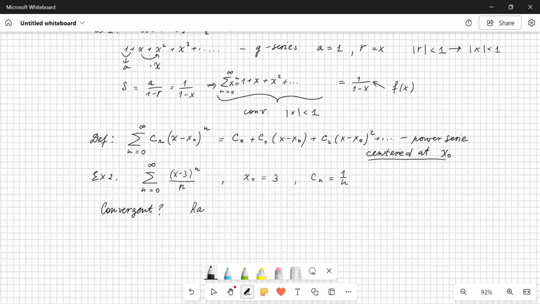So ratio test: limit of a(n+1) over a(n) as n goes to infinity. So what is my a(n+1)? And guys, here we do need to do absolute value.